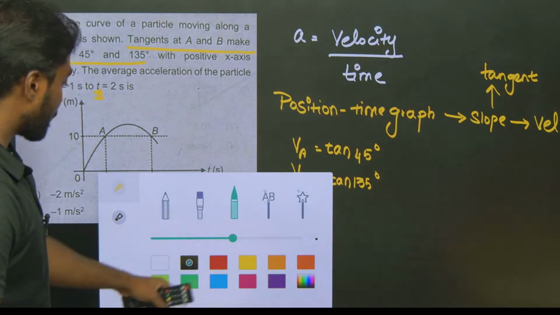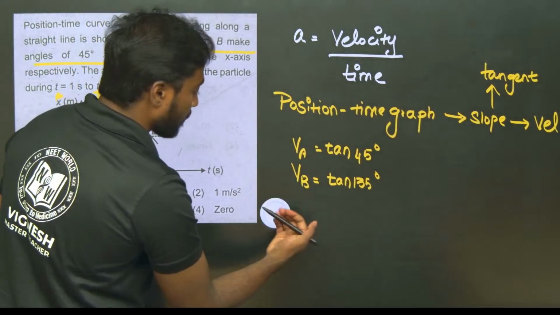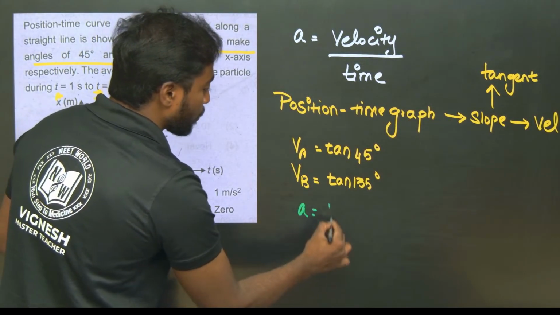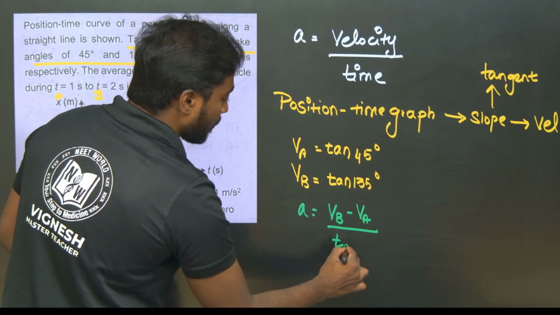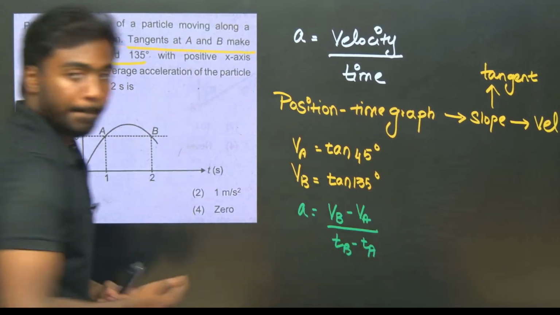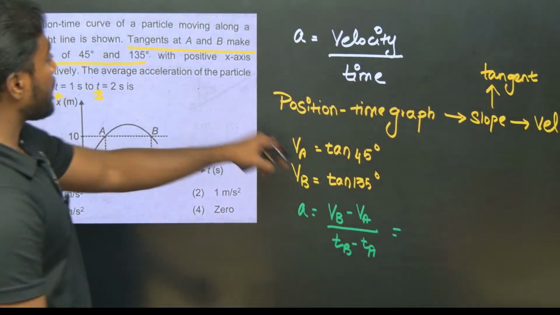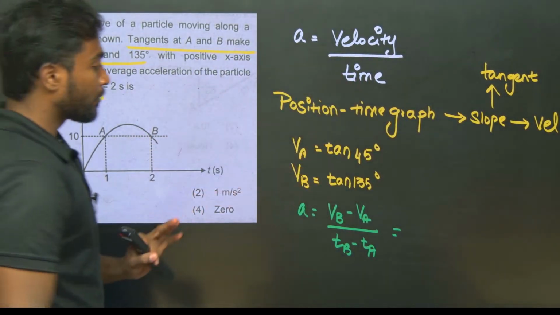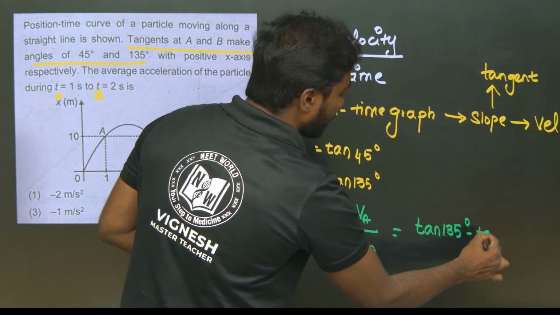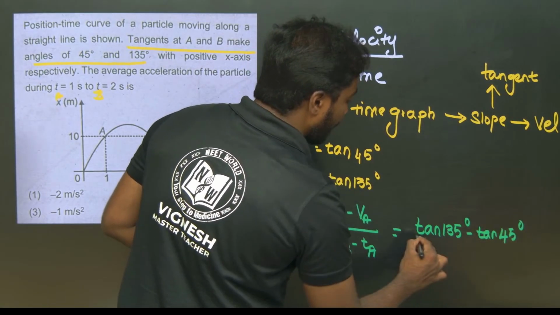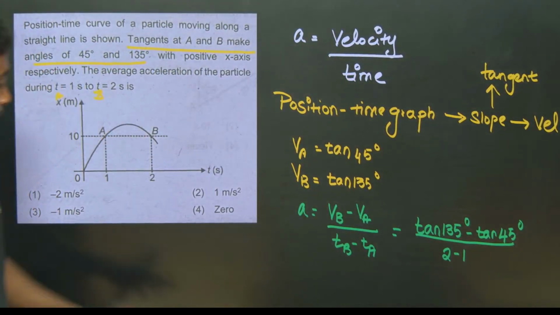Acceleration will be VB minus VA divided by TB minus TA. So tan 135 degrees minus tan 45 degrees divided by 2 minus 1.